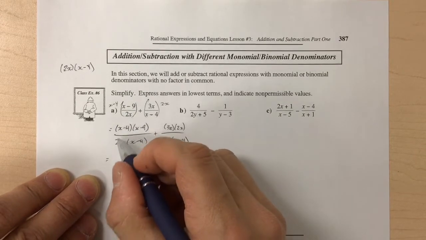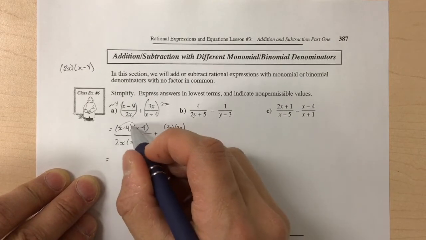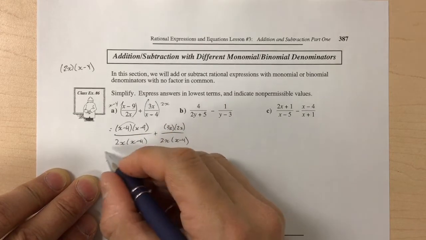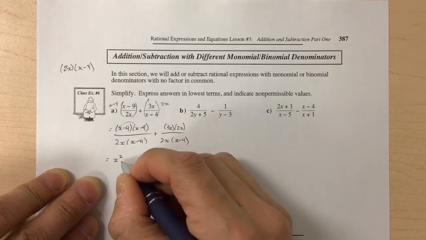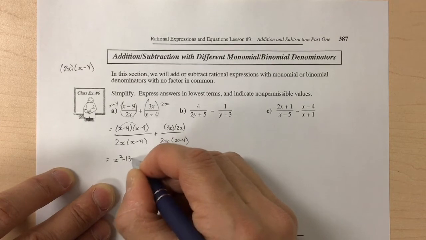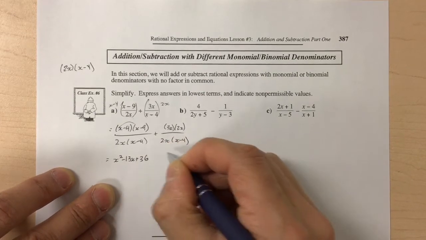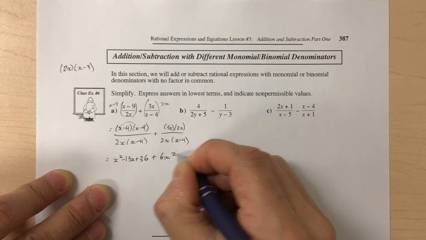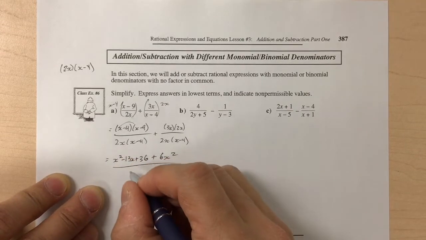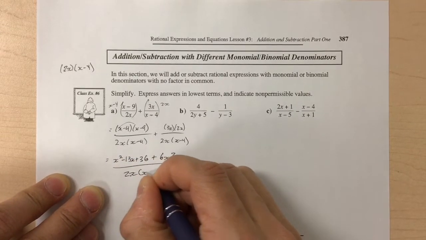Here we can simplify. So if I expand my binomials, I'll be left with x squared minus 13x plus 36 plus 6x squared, and all of that over 2x times x minus 4.